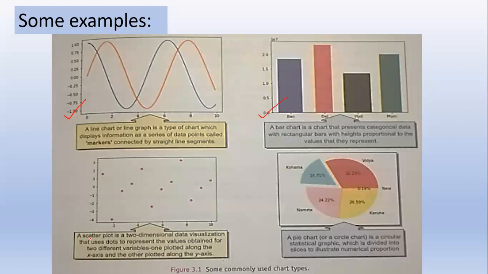This is a scatter plot chart in which these dots are scattered everywhere, but there is no line. These are all known as markers. These dots are markers. Means the point of a particular x, y coordinate is called a marker. And this is your pie chart.